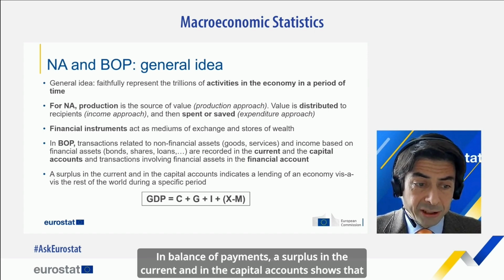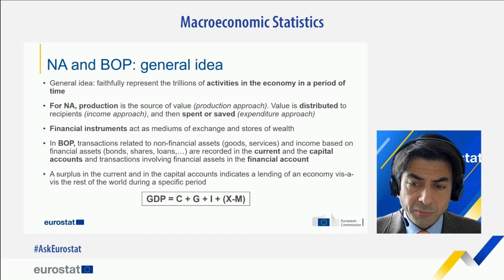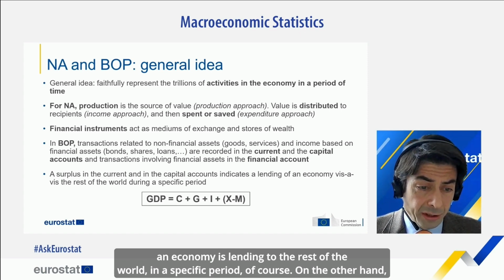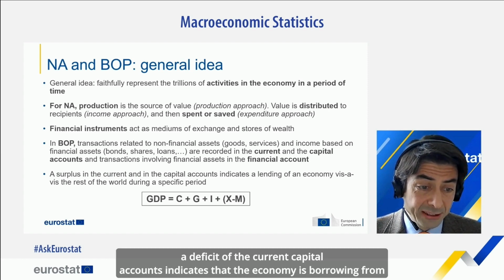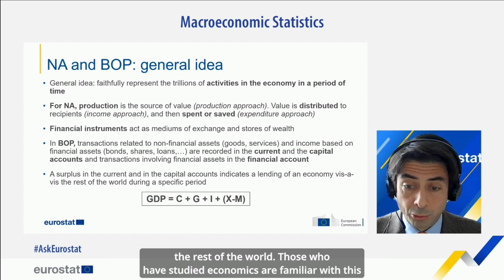In balance of payments, a surplus in the current and in the capital accounts shows that an economy is lending to the rest of the world in a specific period, of course. On the other hand, a deficit of the current capital accounts indicates that the economy is borrowing from the rest of the world.